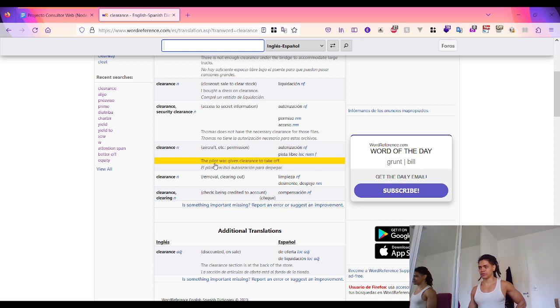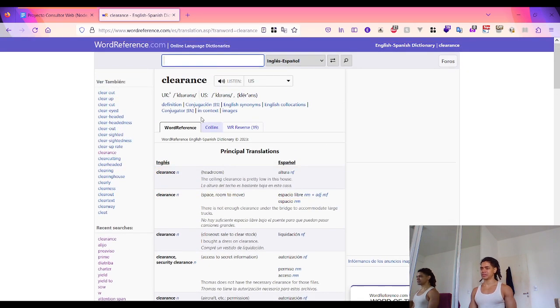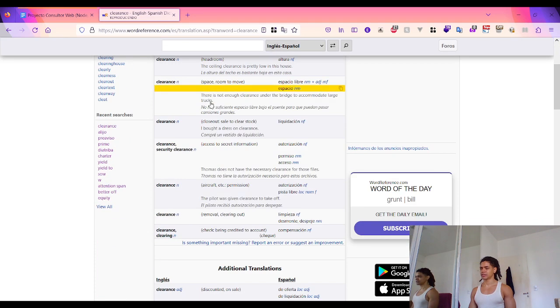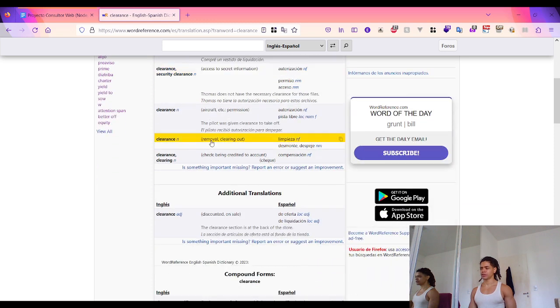Aircraft: the pilot was given clearance to take off. Authorization. But I think clearance in the UK, I don't know if they use that. I don't know if they use clearance for that.